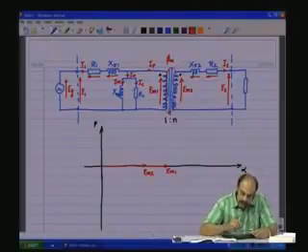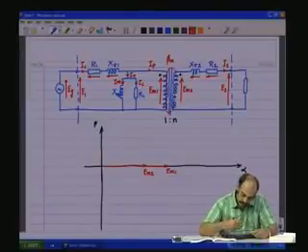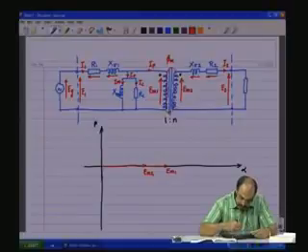Then the secondary current I2 will be in phase with the primary current IP. Now, as it is stepped down from the way we have drawn here, because EM2 is less than EM1, the current I2 will be higher than IP.